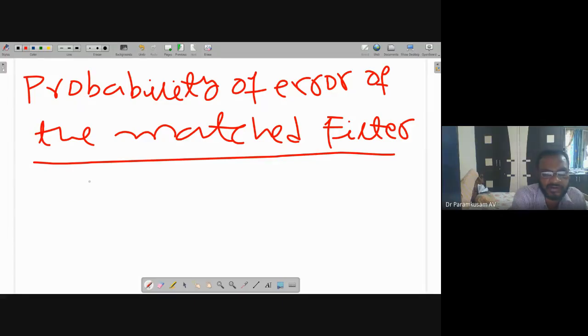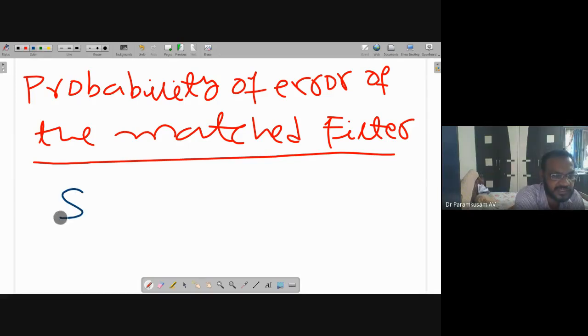We have derived a signal to noise ratio while deriving the transfer function of the optimum filter. Remember, in the previous class when we derived the optimum filter, we wrote the Schwarz inequality equation.